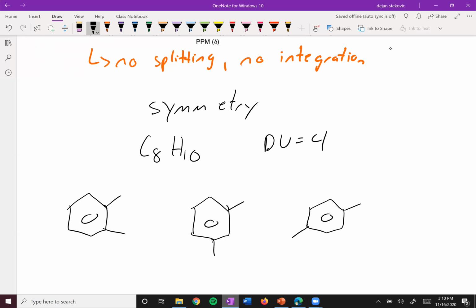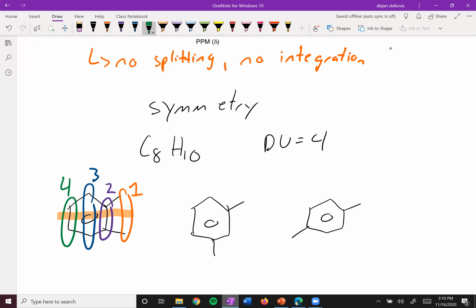We have one of 3 ways to organize these methyl groups, and you can tell which one it is just by how many carbon peaks there are. In the first one, these 2 will show up as 1 peak, these 2 carbons as another peak, these 2 as another peak, and then finally these 2 will show up as a 4th peak. So we've got 4 peaks there.